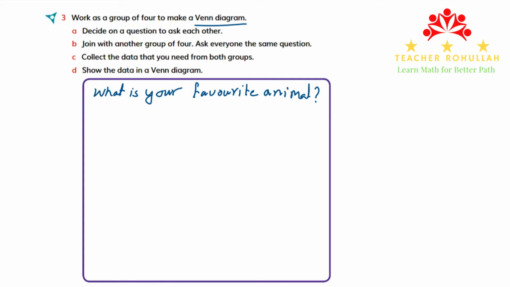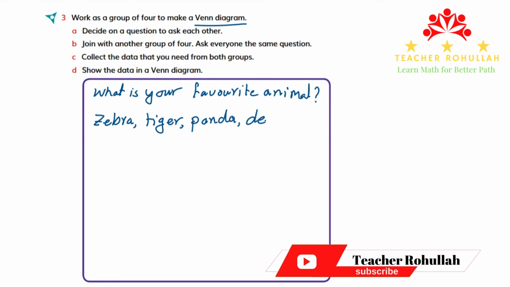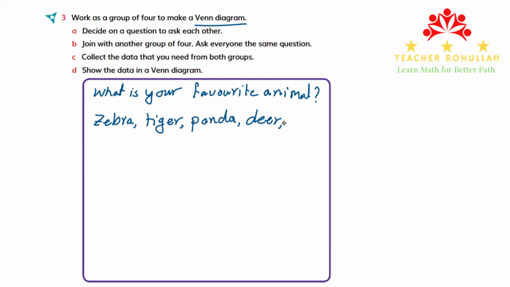So suppose I ask from 8 students, one says my favorite animal is zebra. And the other one says my favorite animal is tiger. And another one says my favorite animal is panda. And then the next says my favorite animal is deer. And some may say my favorite animal is sheep.